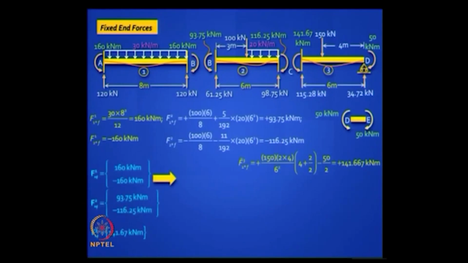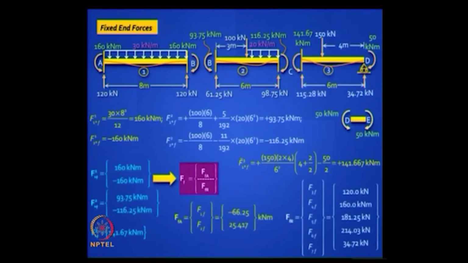From here manually you have to build up the fixed end forces that act on the main structure. Finally we want FFA and FFR. So this is a fixed end force vector in the global coordinates.